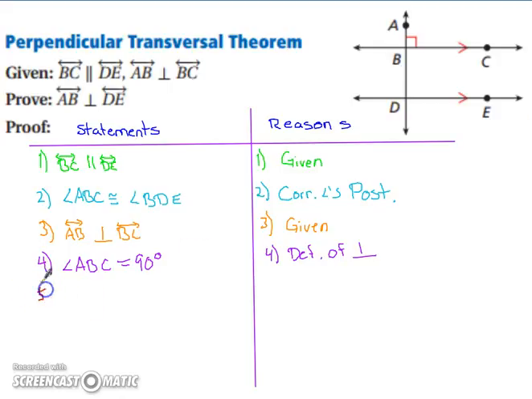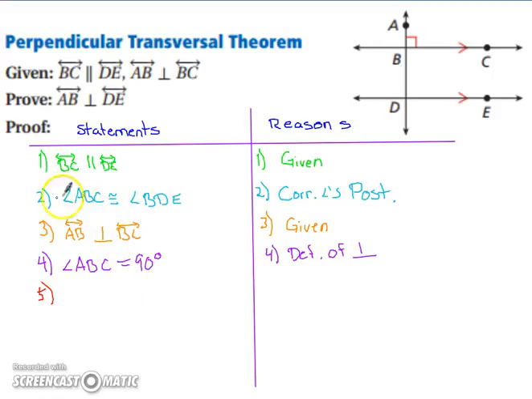Okay, let's keep going. If angle ABC equals 90, we have an equal sign here, and we have a congruent sign here. To be able to manipulate some things, we have to have them both be the same symbol.